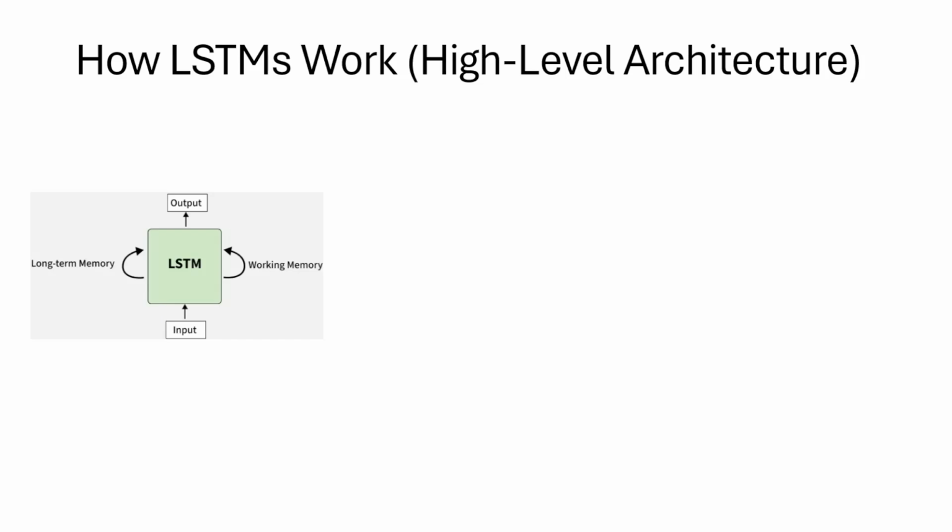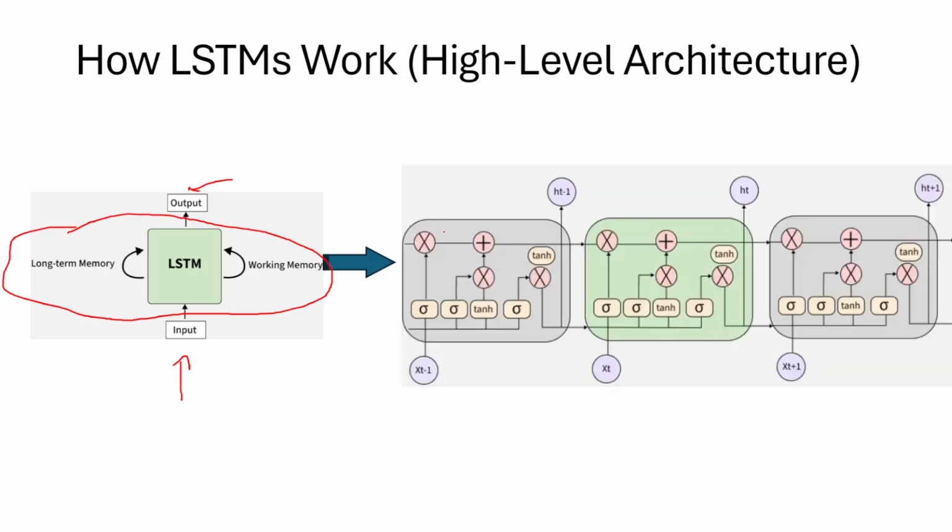Okay, so the architecture, it's as usual: we have the input, the hidden layer, which is where all the heavy lifting is done, and then the output. So if we unroll this, this is the middle part.